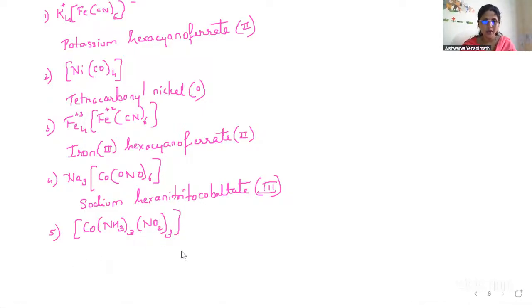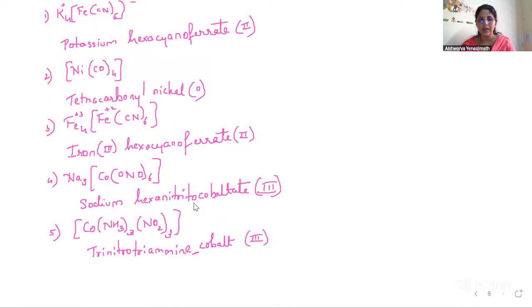How many are there? 3. Triammine, trinitro, cobalt 3. And when you are naming the ligands, it can be named in alphabetical order also. That is the better one. Triamminetrinitrocobalt 3.